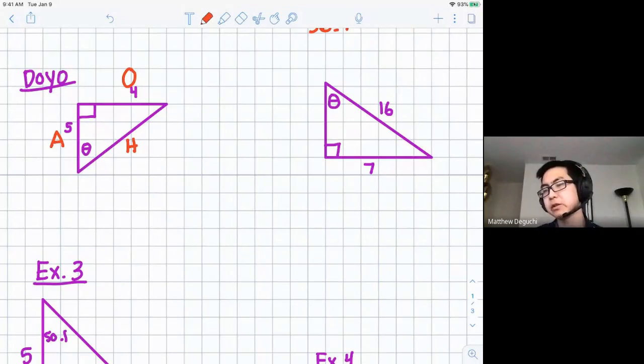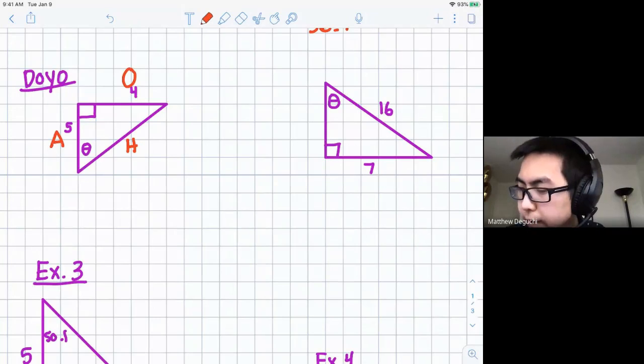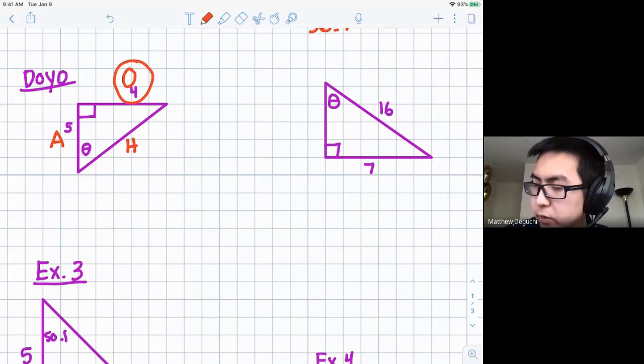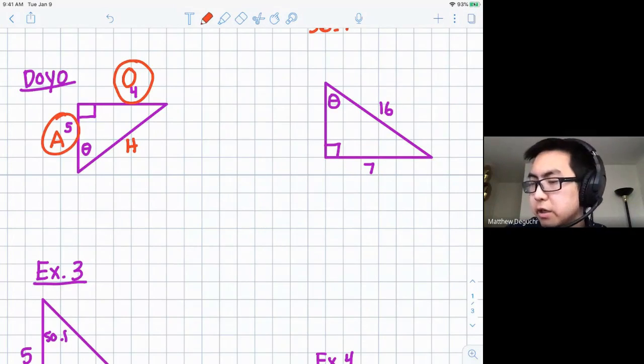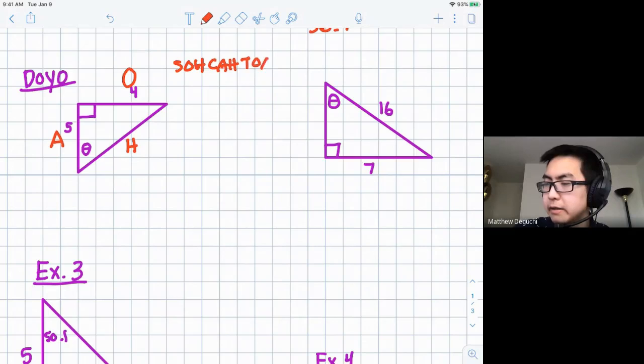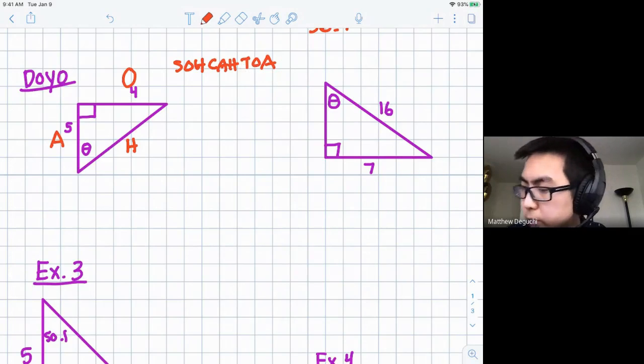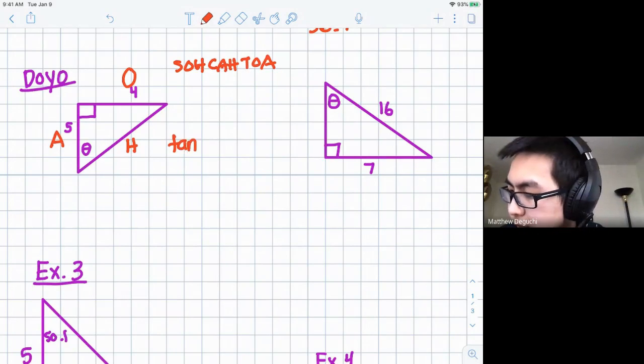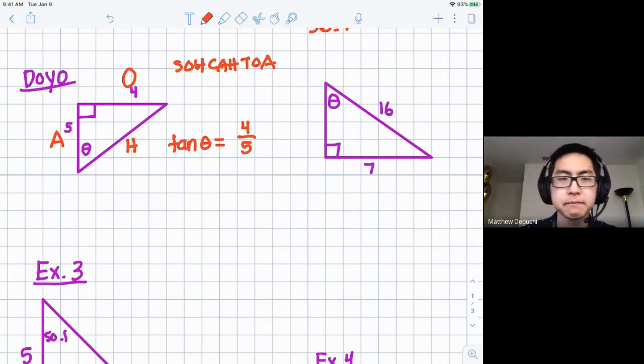So that means there's information at an O and an A. And in SOHCAHTOA, that is tangent. So tan of theta is equal to opposite, which is 4, over adjacent, which is 5.